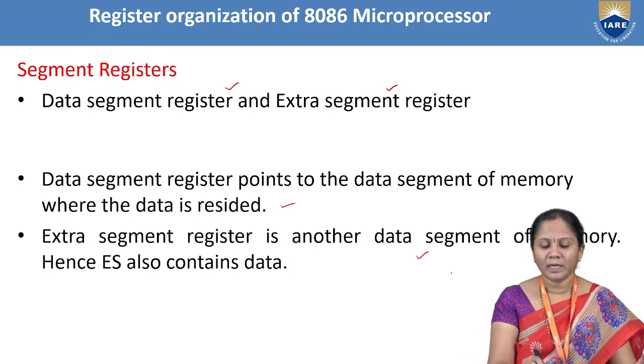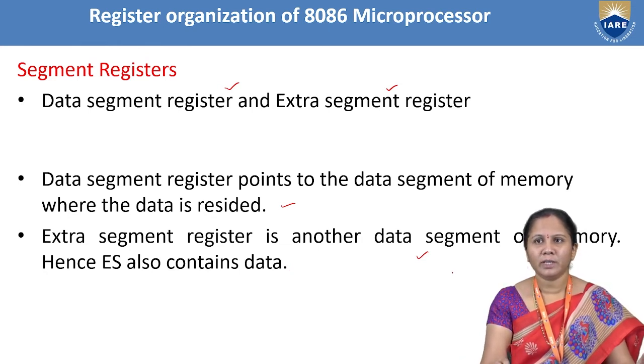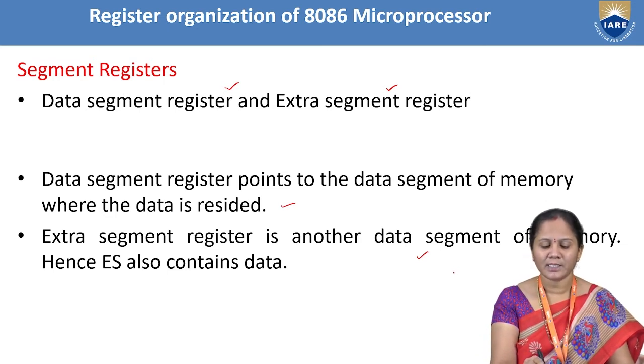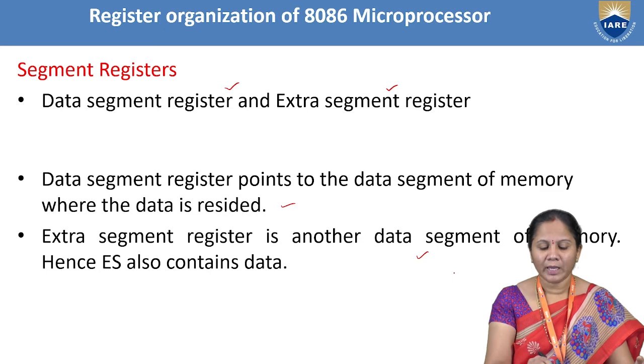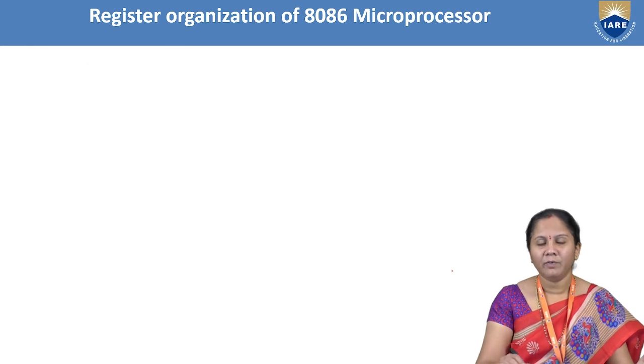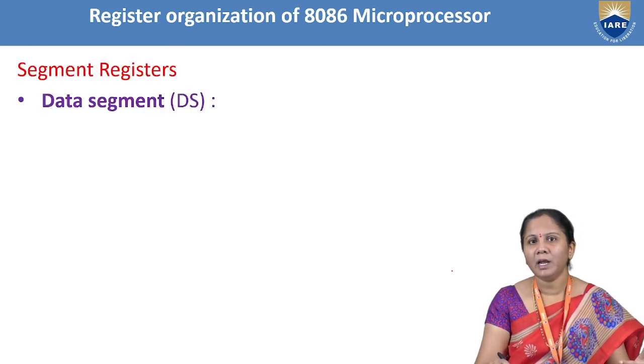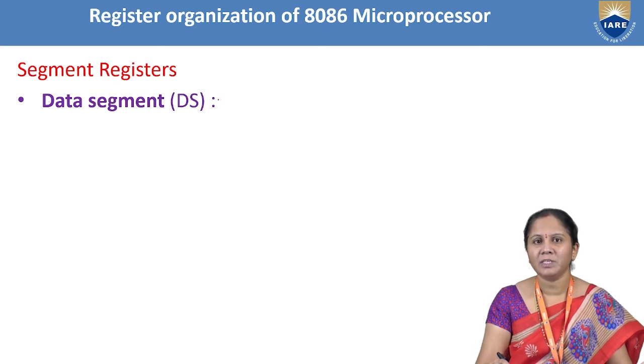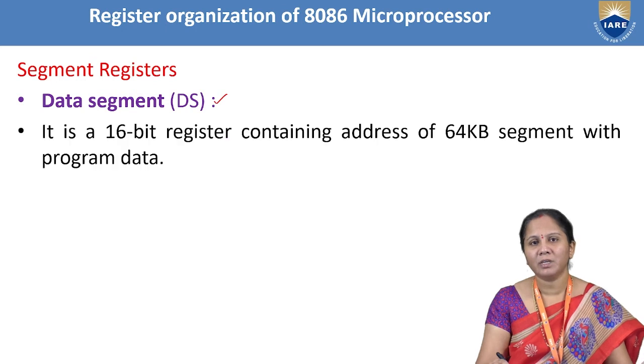The data segment register points to the data segment of memory where the data actually resides. Similarly, the extra segment register is another type of data segment of memory. That is why we can call the data segment and extra segment the same. The function is the same. The content that the data segment register and extra segment register store is the same, that is data only.